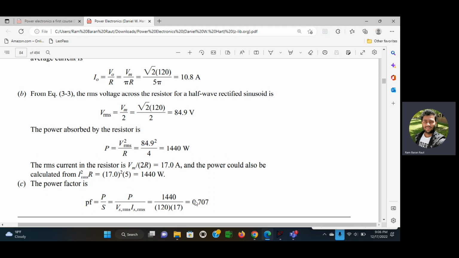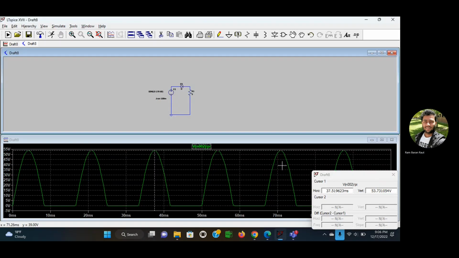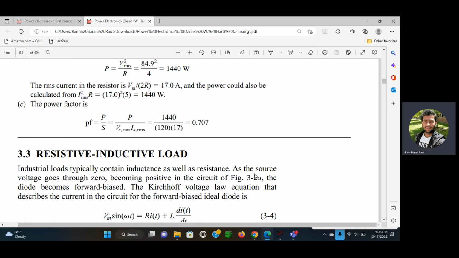So dividing by this one, we have power factor of 0.71. Maybe we can find the cosine inverse of that one, like 45 degree power factor angle. So yeah, this is the solution using that one.